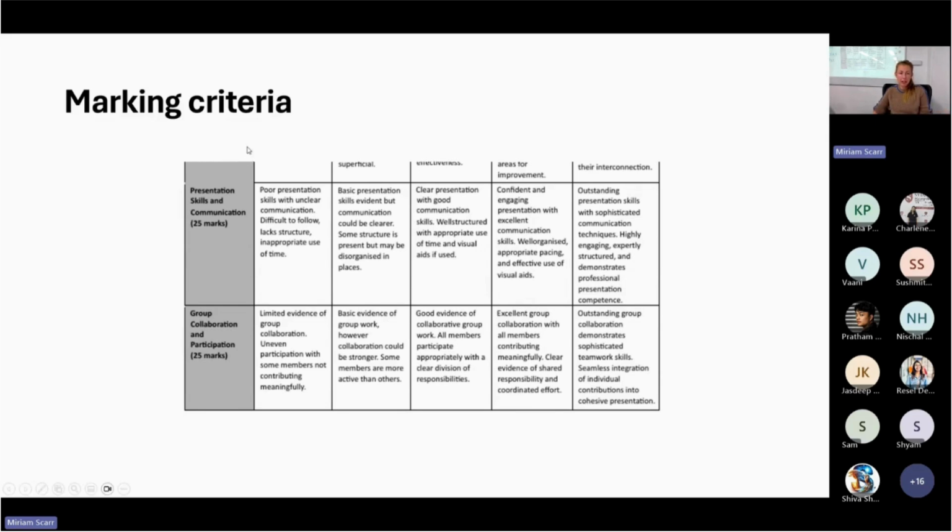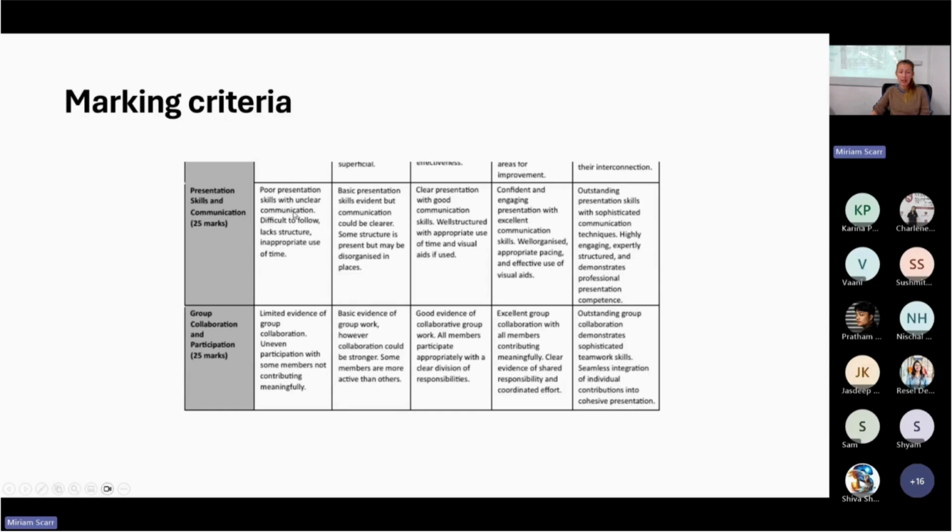You can look at this marking criteria, for example, and you can find that your presentation skills are part of what your lecturer is looking at to make a determination of your grade. So here we've got presentation skills and communication.